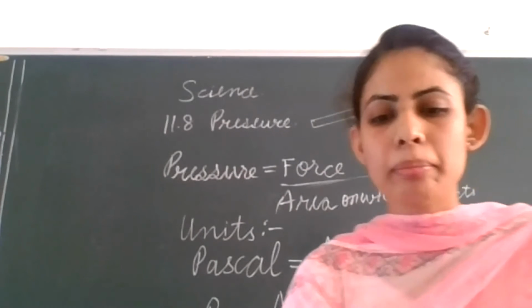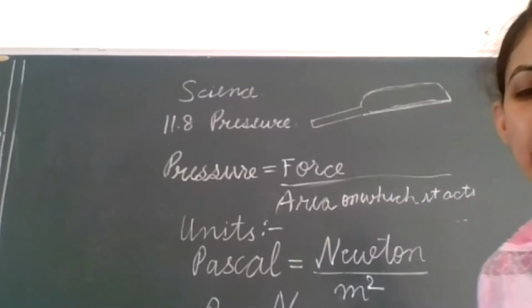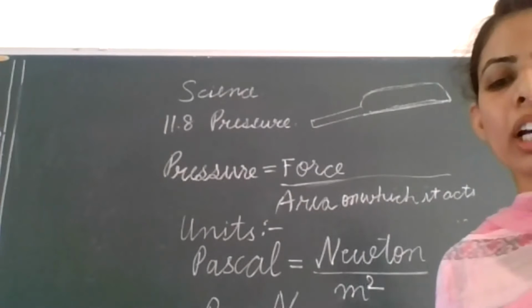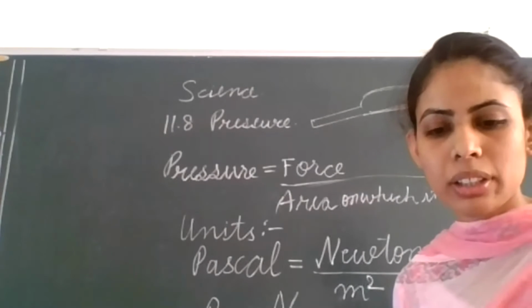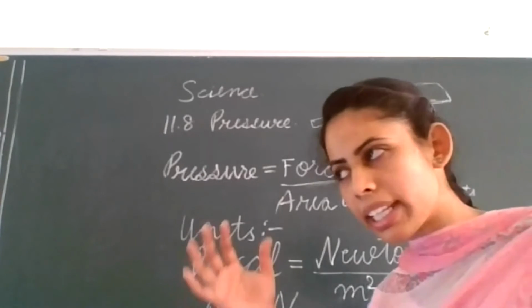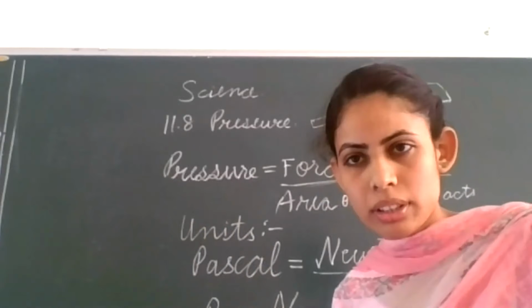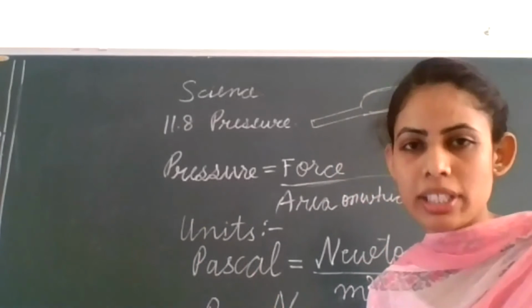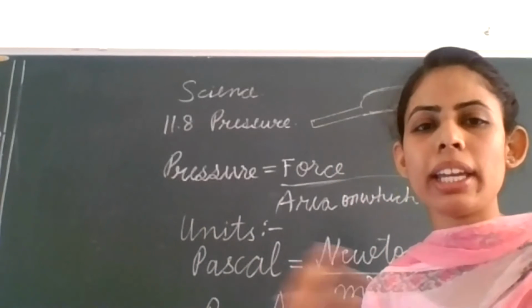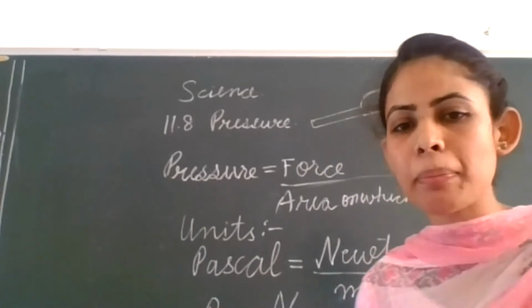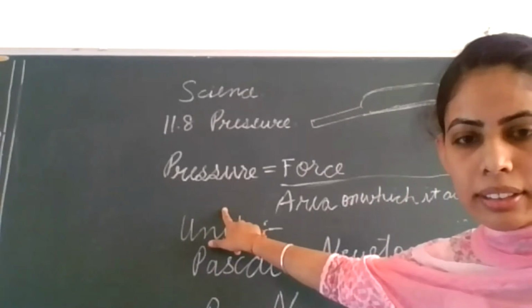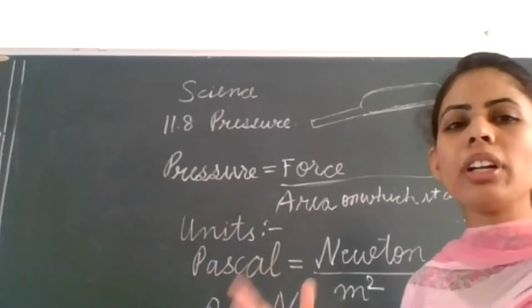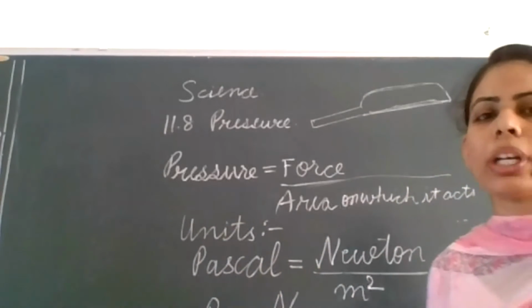Yes, because by doing this, they increase the area of contact of the load with their head. So the pressure on their head is reduced. If we increase the area of contact, then the pressure will decrease. Therefore, it is easy for them to carry the load.